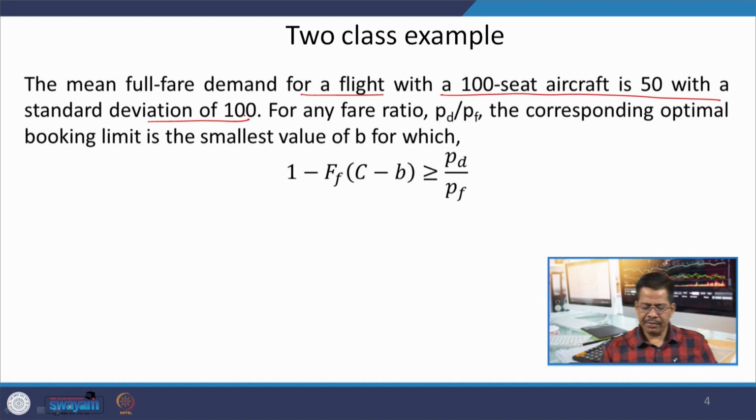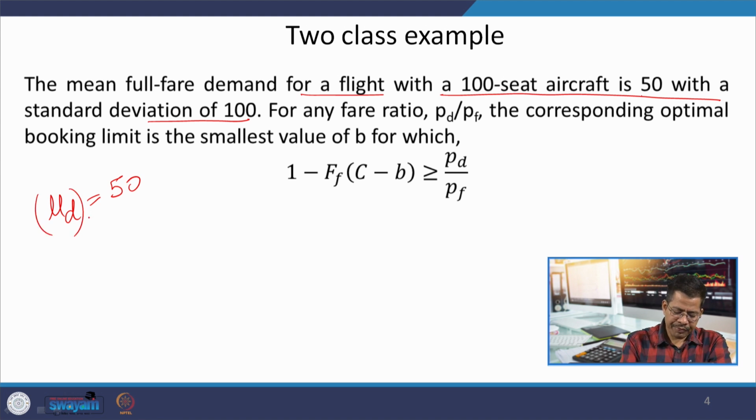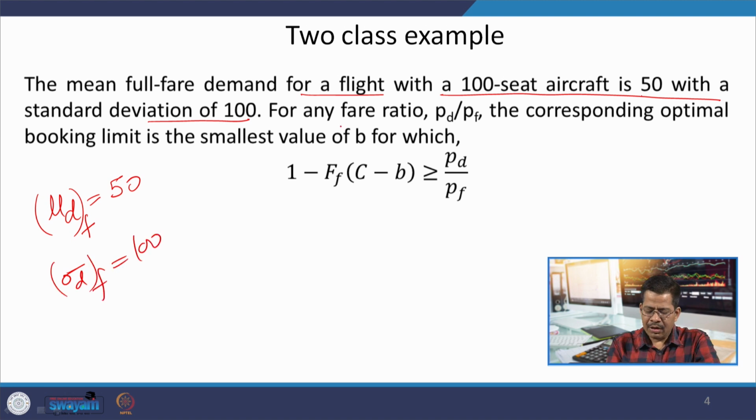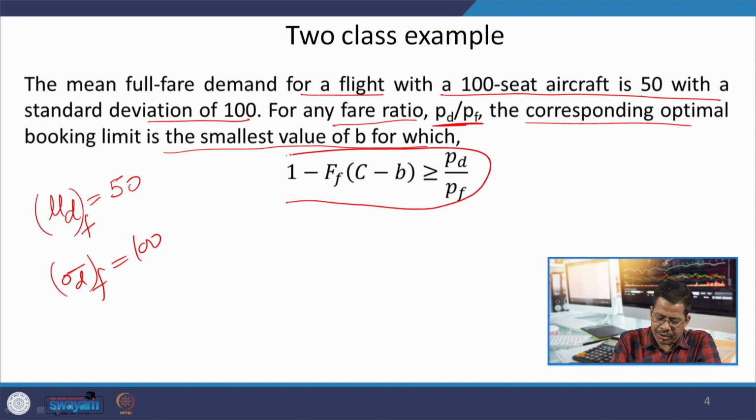So, mean demand is 50, standard deviation of demand is 100. For any fare ratio Pd upon Pf, the corresponding optimal booking limit is the smallest value of B for which this relationship will hold good.